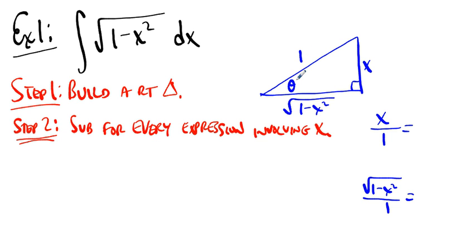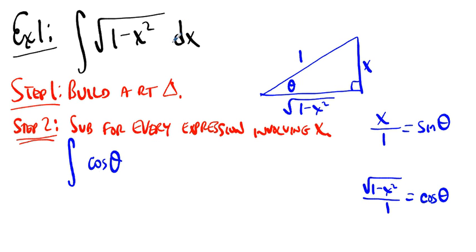Now, in terms of this angle theta, x over 1 is the sine of theta, and the radical over 1 is the cosine of theta. So our integral is the integral of the radical, and the radical is cosine theta.